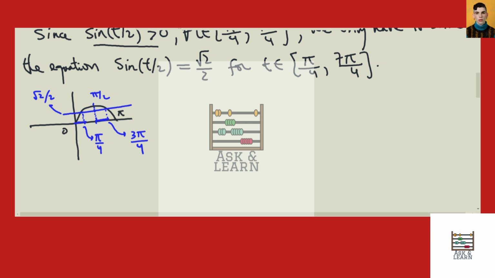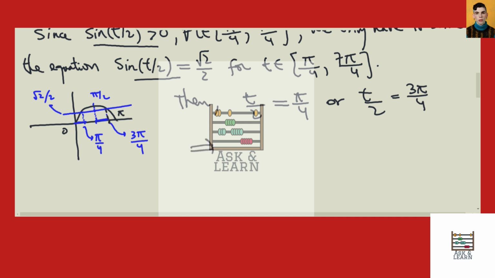And that's the value that the argument of sine must have in order for sine to be equal square root of 2 over 2. So looking at that graph, t half, which is the argument of the sine function in this equation, got to be equal to pi fourth, or t half got to be equal to 3 pi fourth.